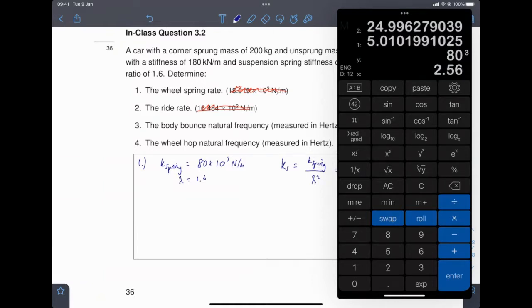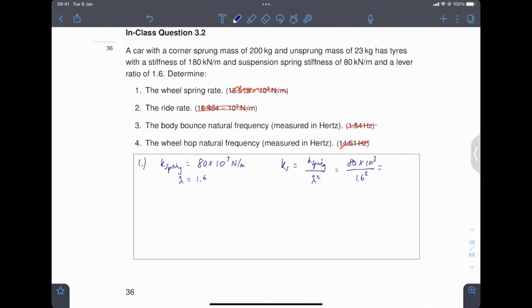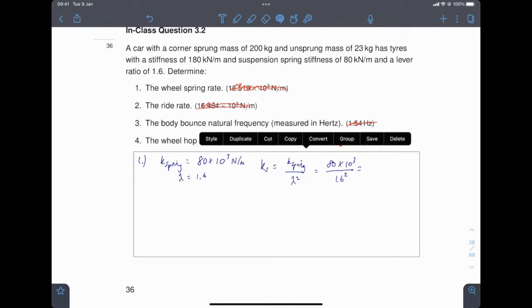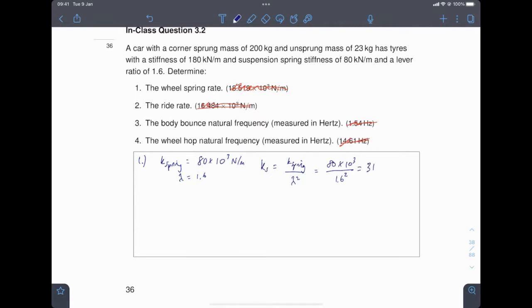It's only 1.25, that makes more sense. So 31.25 kilonewtons per meter is the answer.